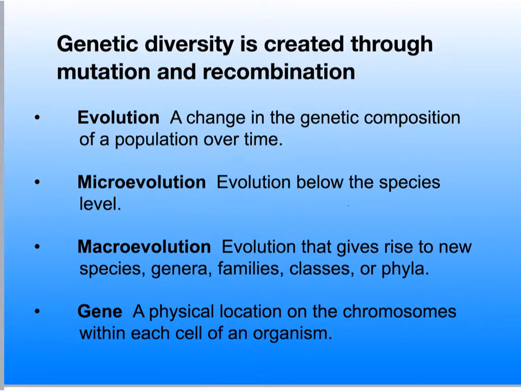So genetic diversity is created through mutation and recombination of genes. Earth's biodiversity is a product of evolution, which can be defined as a change in the genetic composition of a population over time. Evolution can occur at many levels. Evolution below the species level, such as the evolution of different varieties of apples and potatoes, we call microevolution.